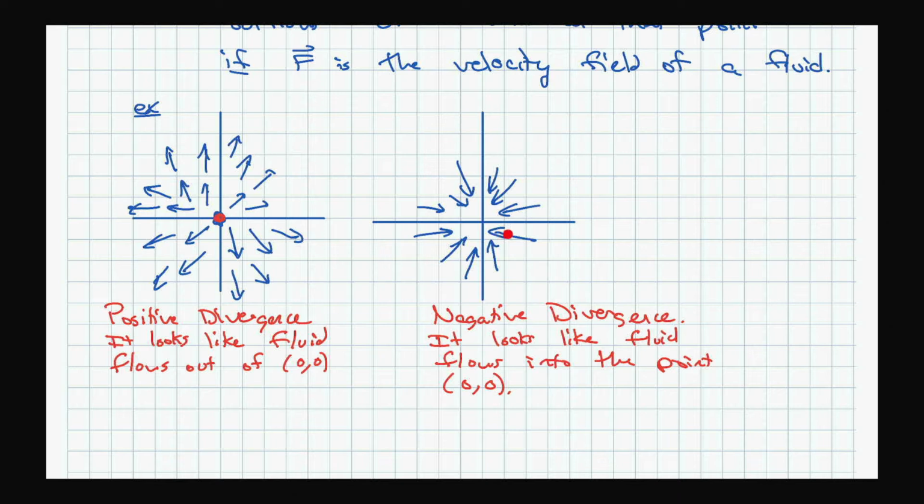Okay, so that's the kind of fluid interpretation of these things, right? So positive divergence, it's like creating fluid out of nowhere. Whereas a negative divergence, it's like fluid flowing into this point and then disappearing. Okay, so that's kind of the idea of divergence.